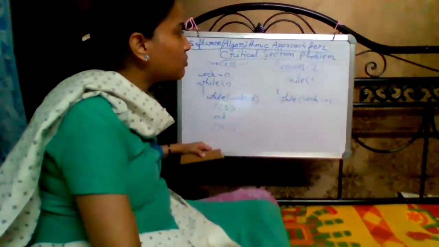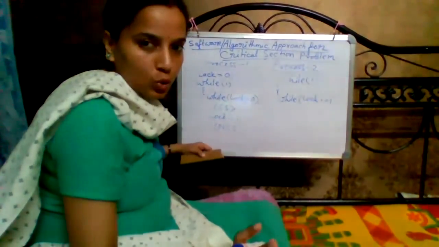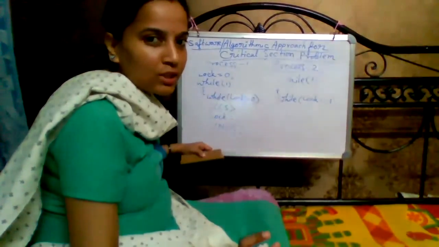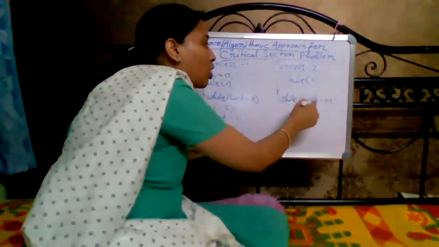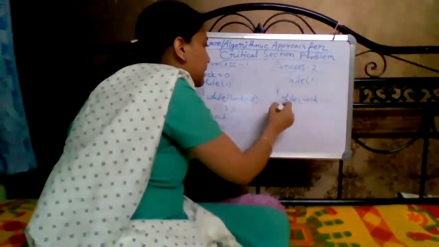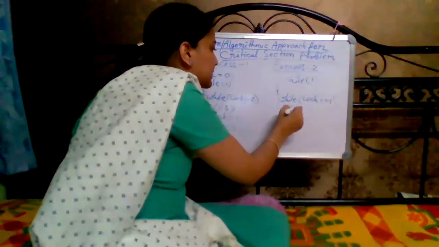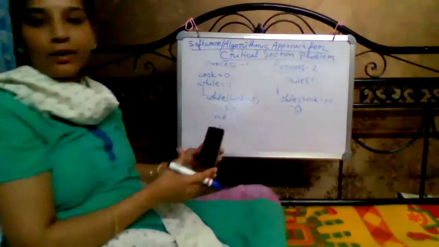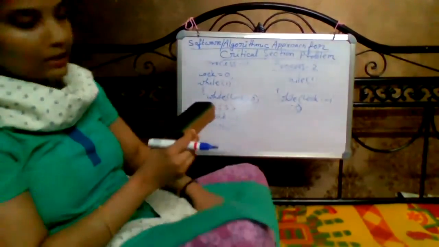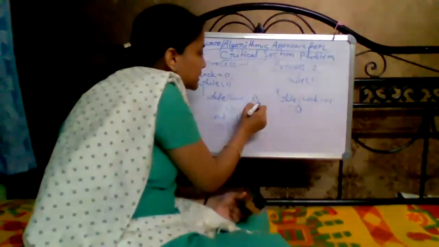Lock equal to 0 means process 2 doesn't enter its critical section. So when lock equals 1, it will enter its critical section.